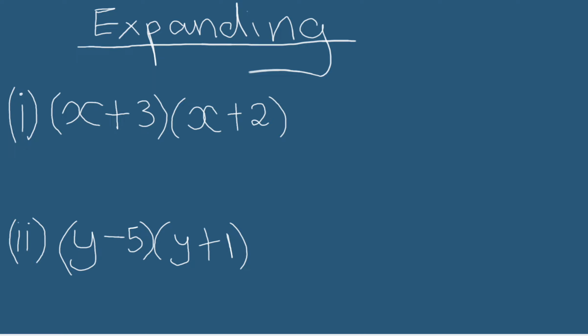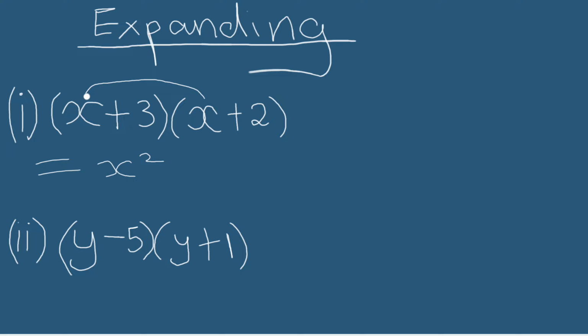So here are some examples of expansion. How do you expand brackets? You're basically going to multiply everything in this bracket by this bracket. So x times x equals x squared.